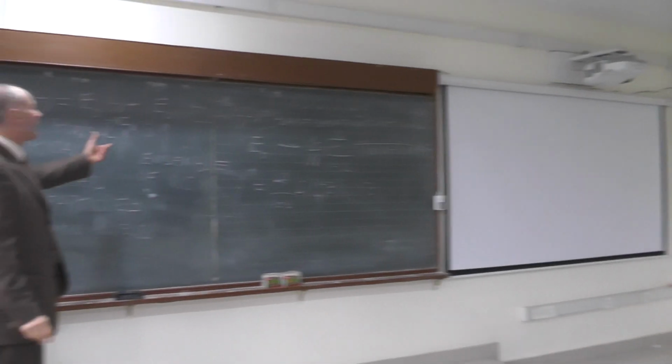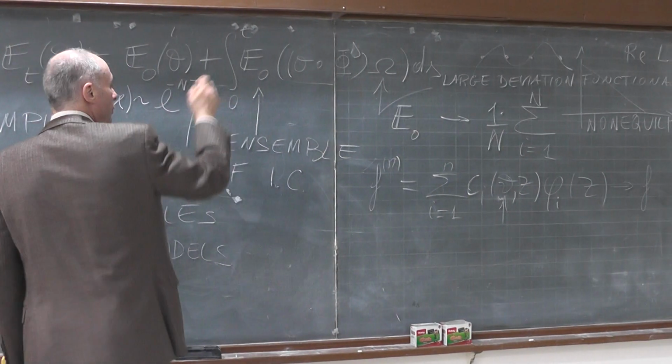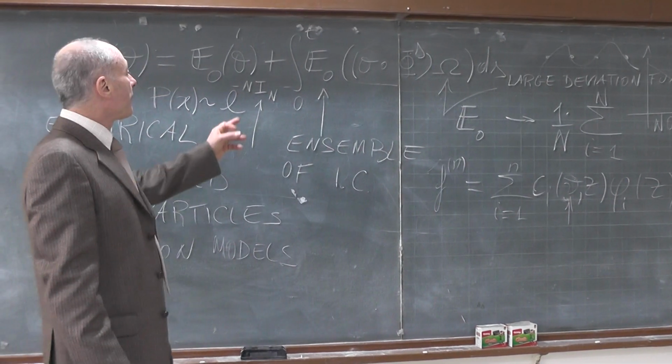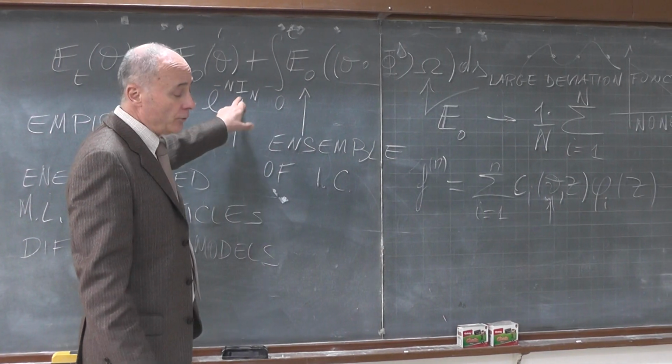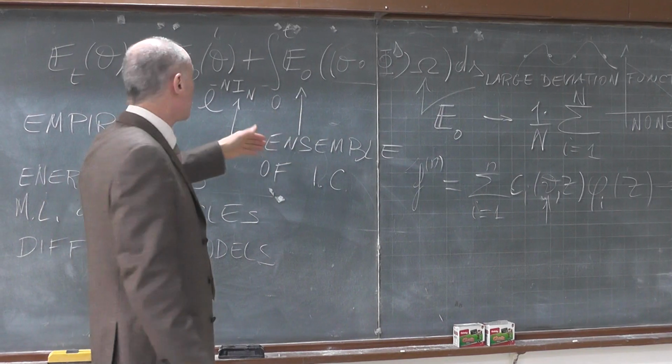In the limit that n becomes infinitely large, this goes to this asymptotic function. Now, these are used in many things, for instance, to study the temperature fluctuations of the Earth.